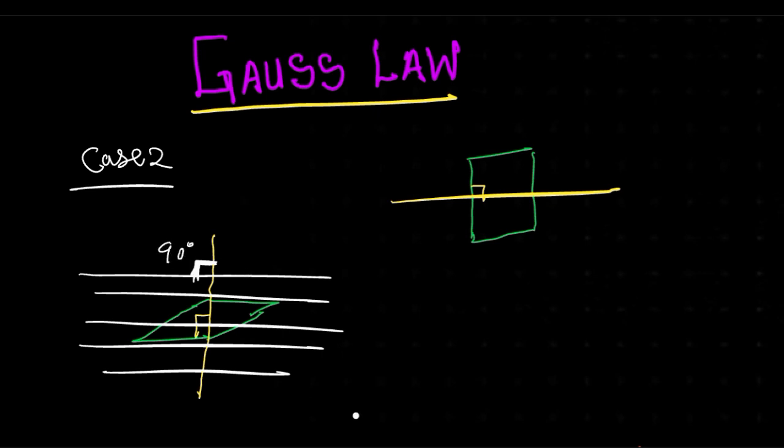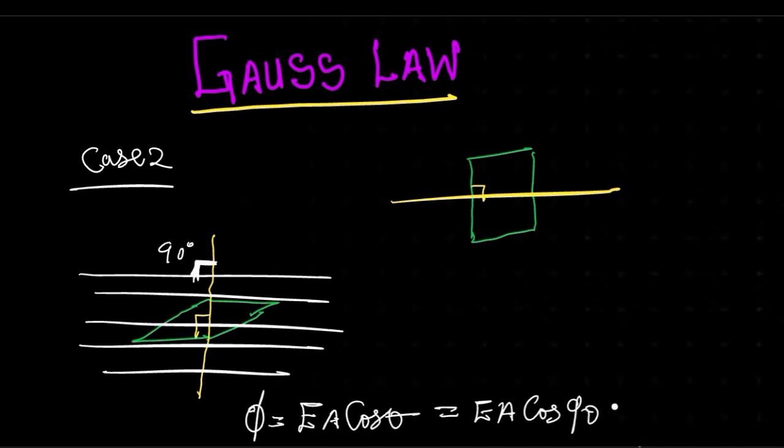So when we go back to our equation, we can say that flux is equal to EA cos theta, and our angle is 90, so cos 90. Remember that if you press your calculator, cos 90 is equal to 0. True or false? So everything here will be equal to 0.